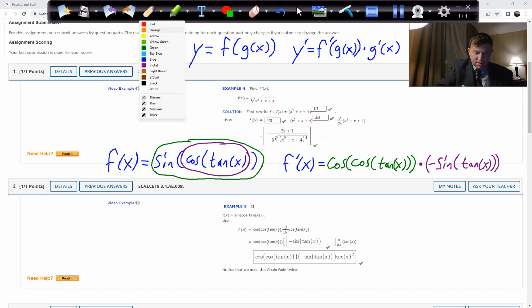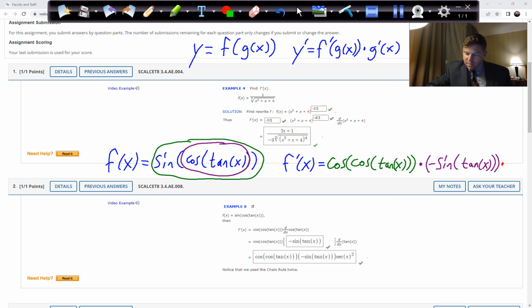Times, and I'm running out of space here, times the derivative of the last inside part, which is tangent x, and the derivative of tangent x is secant squared x.